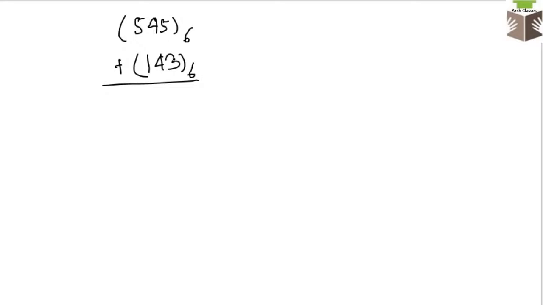Now you know that 5 plus 3 is 8. If you divide 8 by 6, definitely you will say the remainder part is 2. So just write the remainder part, or you can say 8 minus 6 is 2. 8 is 2 more than 6, so we will write 2. And 1 time, the quotient part is 1, so we will write 1 here.